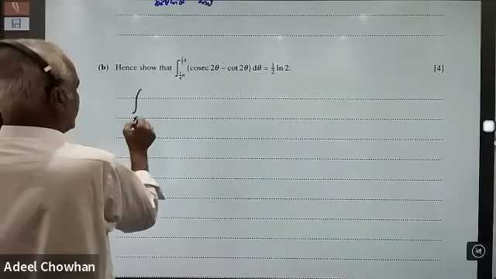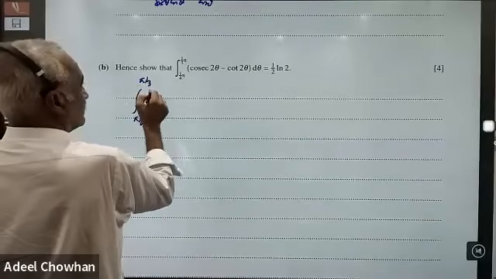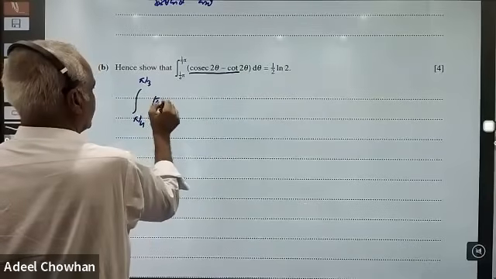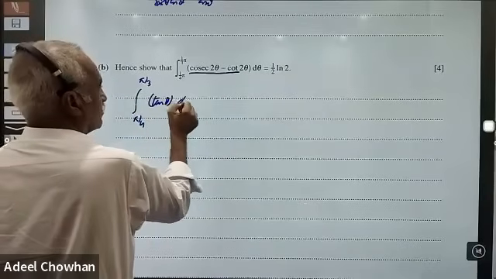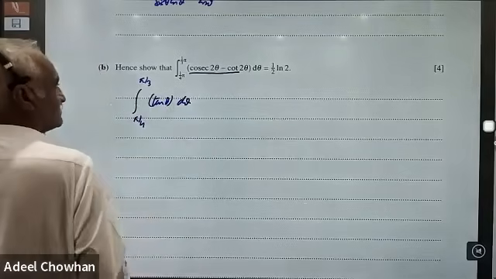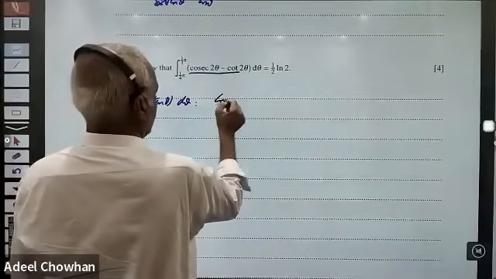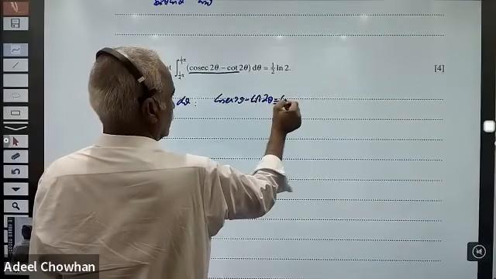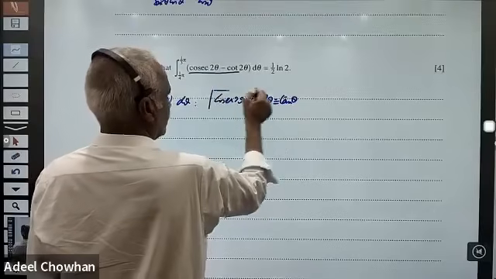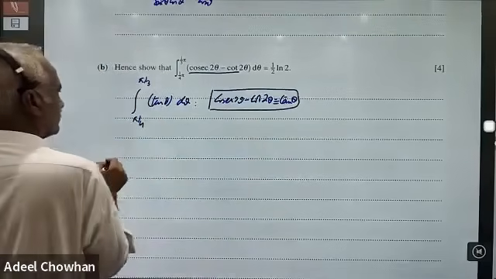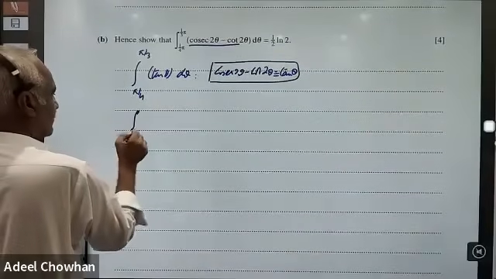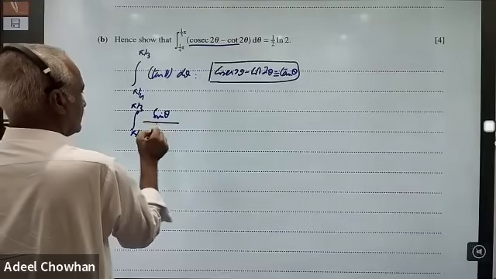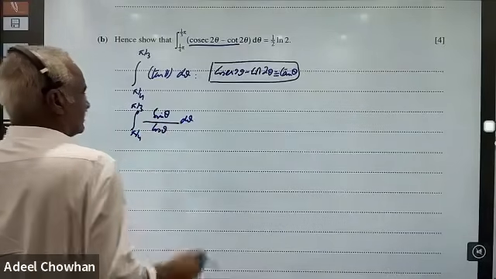Since we have proved that cosecant 2 theta minus cotangent 2 theta is equal to tangent theta, this will become the integral from pi by 4 to pi by 3 of sine theta over cos theta d theta.